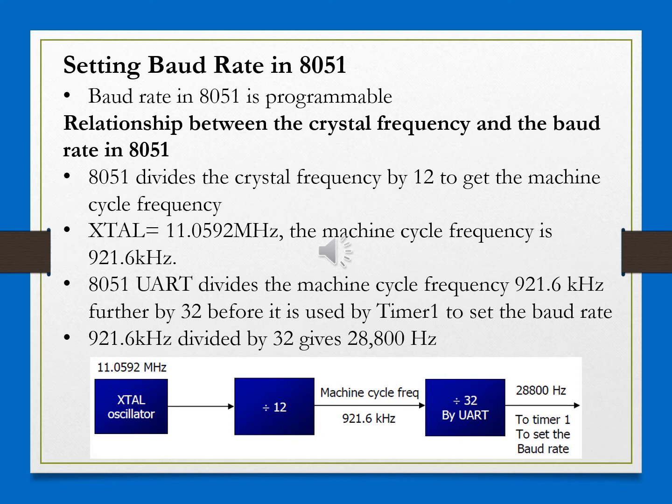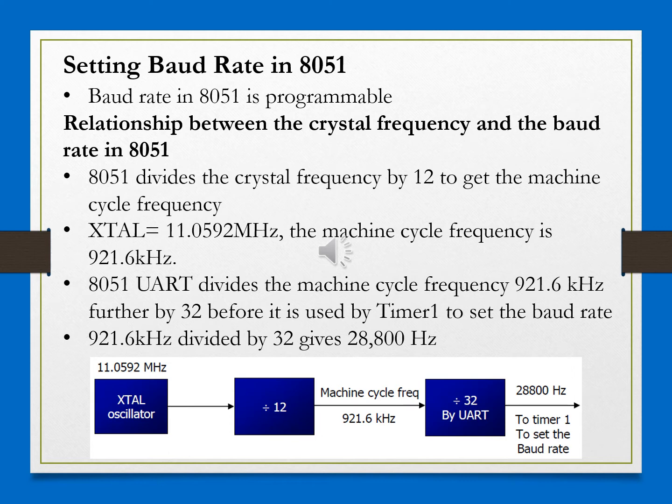This machine cycle frequency will be divided further by 32 by the UART circuitry of the 8051. What you get there is 28,800 hertz. This frequency will be used for serial communication.